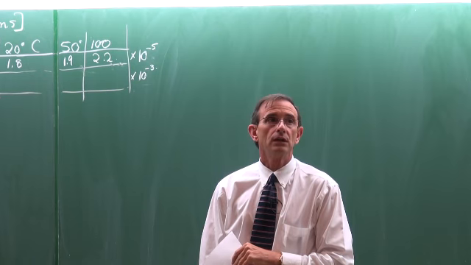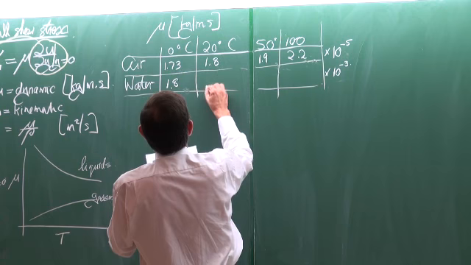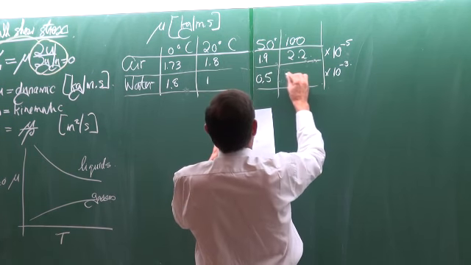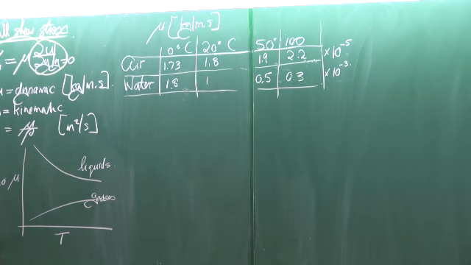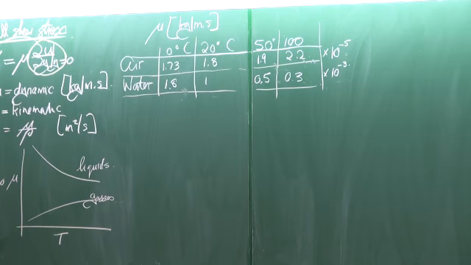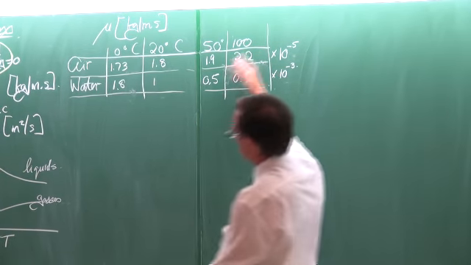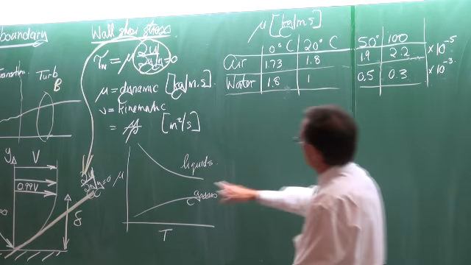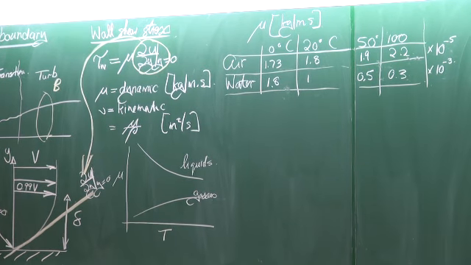So for water, 1.8, there it's about 1, 0.5, and about 0.3. So air is a gas, and we can see it increases the viscosity, while with a liquid, the viscosity decreases as a function of temperature.